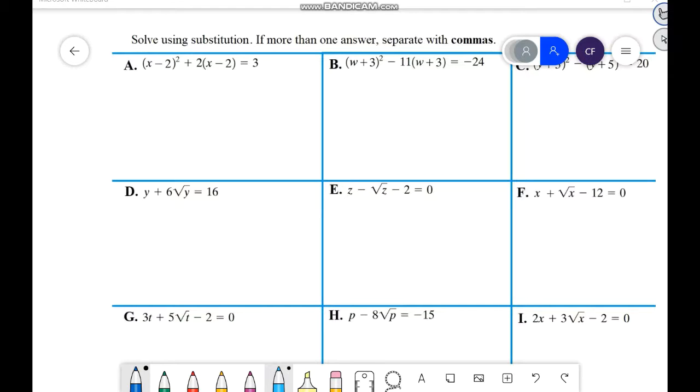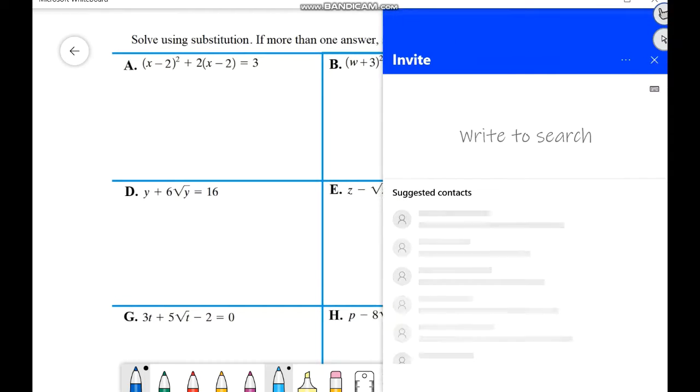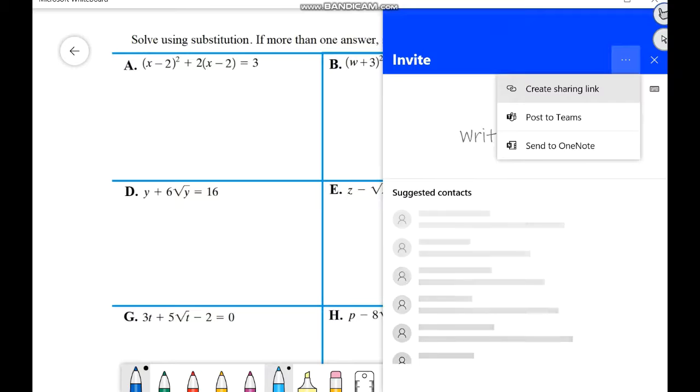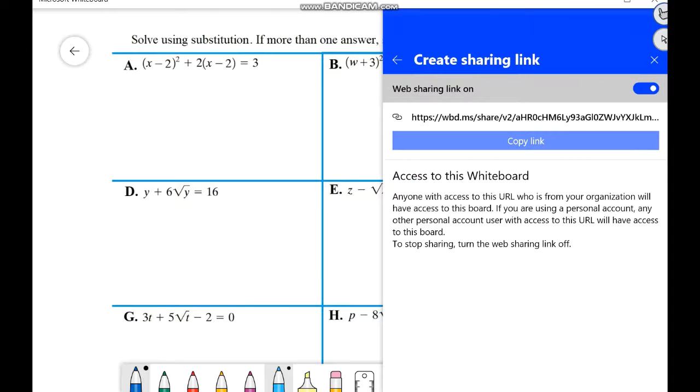You can use the whiteboard on Teams, or you can also open the app. I'm going to give you a link if you want to use the whiteboard app. Give me feedback if this is working, if you can open the whiteboard, draw, and zoom.